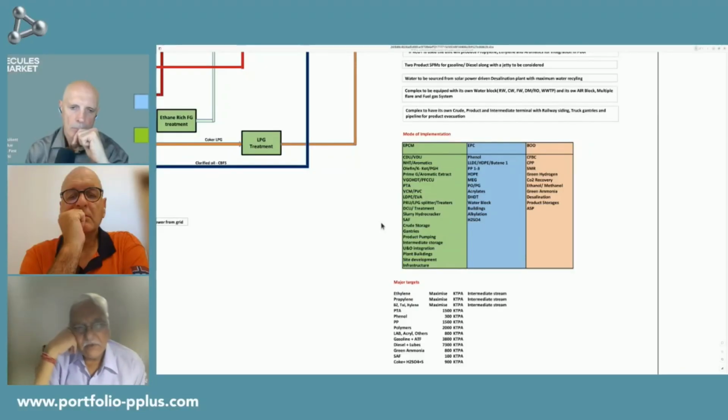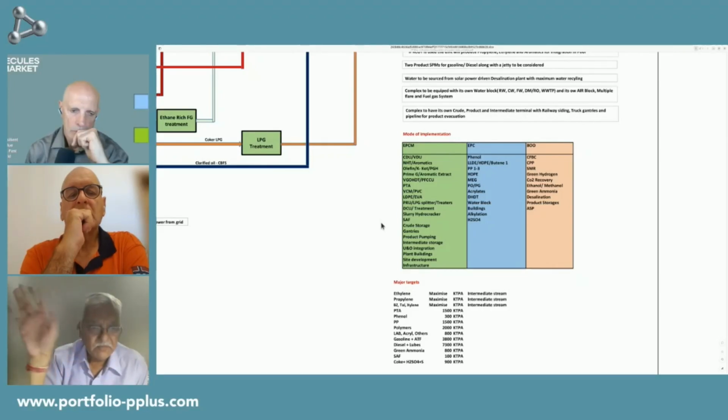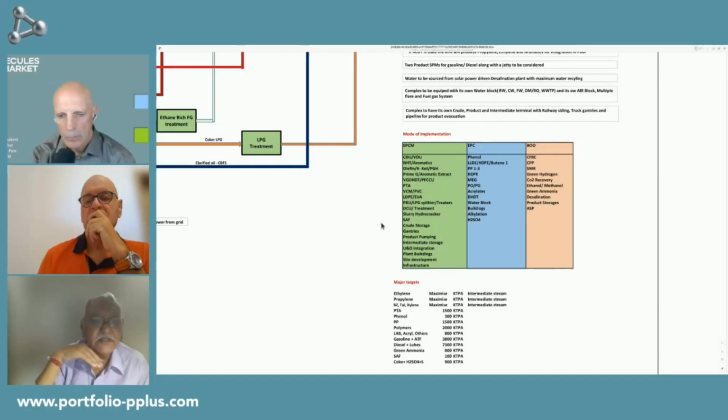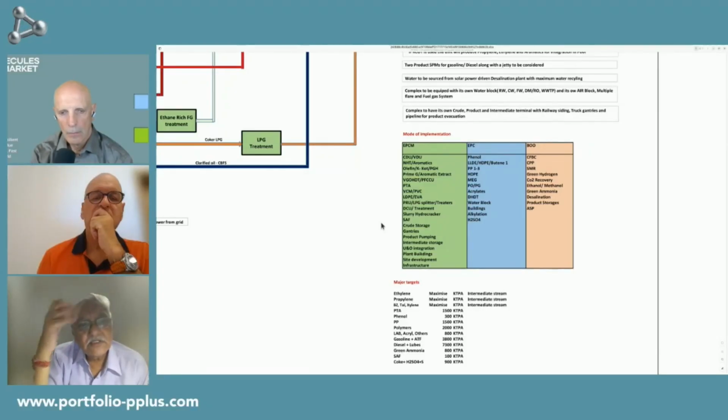The only problem in this mode of implementation is the owner needs to have a very large management setup on their end also, in addition to the consultant's own management team. So the project execution team is very large. But the most important advantage is it is the least cost, least schedule.